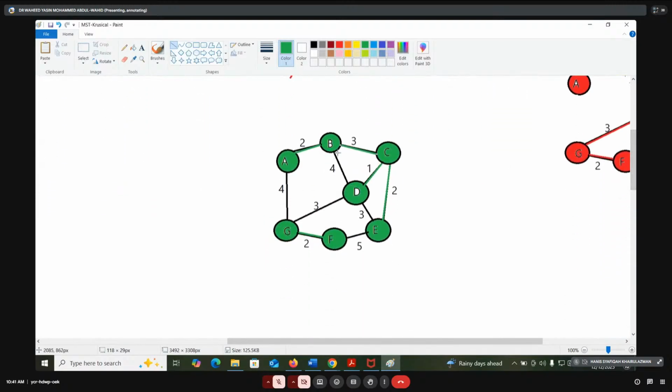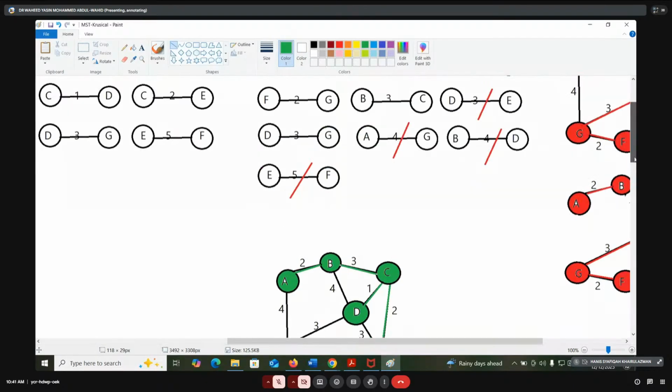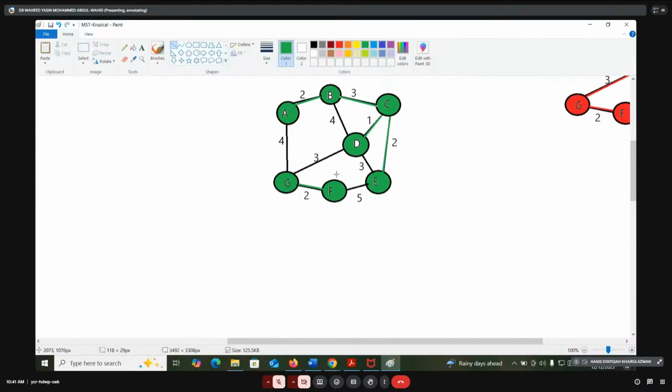BD, it will also be a cycle. EF, it will also be a cycle.